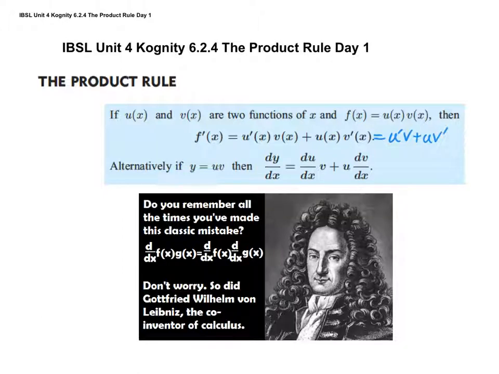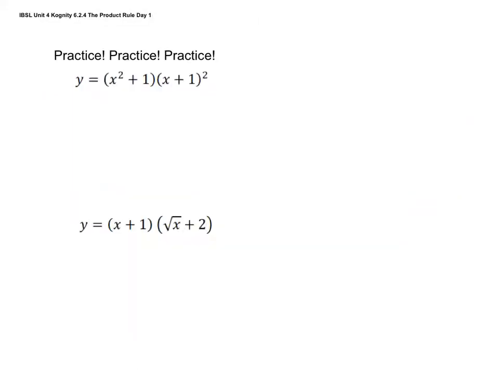So let's look at why we need this, first of all. I'm going to use these two as examples. If I were to simply take the derivative of this first one, we'll call this u, and we'll call this v.